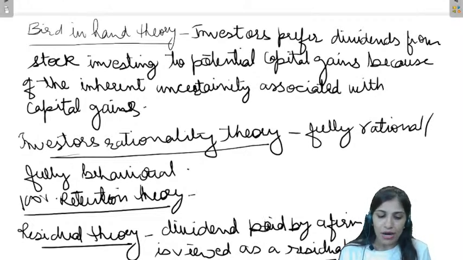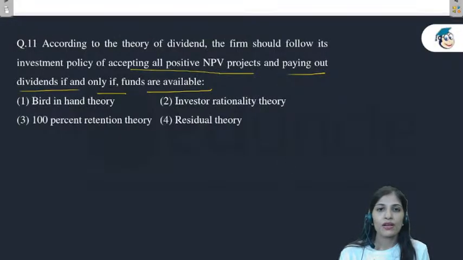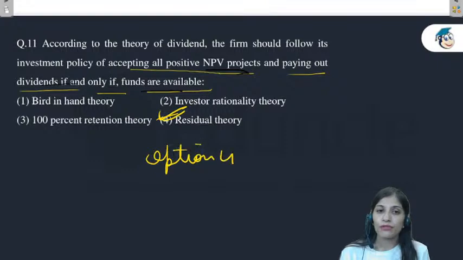That means it is the amount remaining after paying all the expenses, after paying all the amounts, and this is the remaining amount, right? So the firm should follow its investment policy accepting all positive NPVs. सारा NPV जो होगा जिसका positive होगा, we have to accept that, and we have to pay dividends only when the funds are available. That is as per residual theory. Option number 4, right?